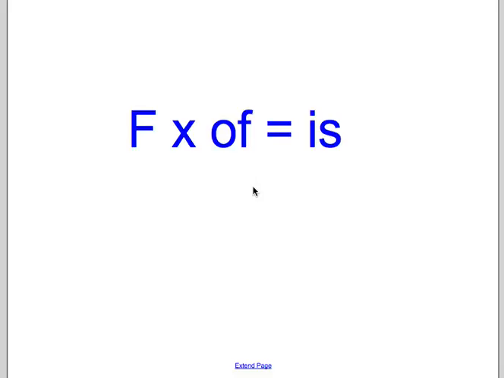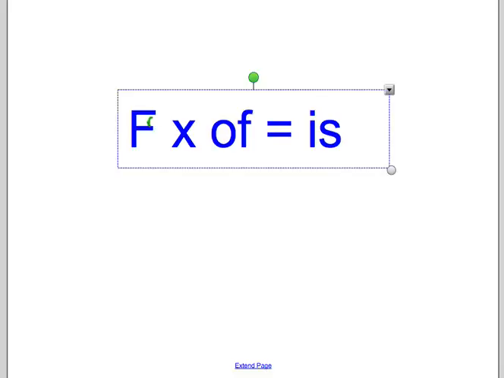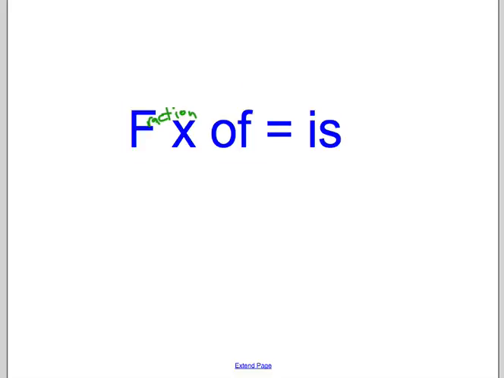Alright, obviously the F stands for fraction. Fraction. Okay? That shouldn't be too hard to realize. Of is our total.